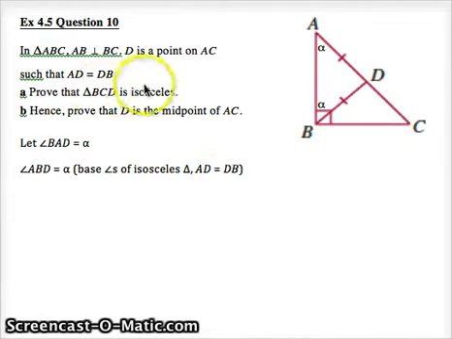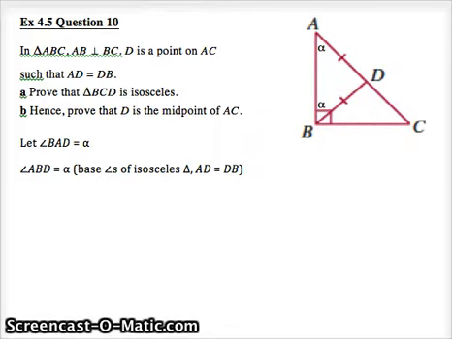Now, because in part A we have to prove that triangle BCD is isosceles, we really need to start working out some of the angle sizes in that triangle. Now, the easiest angle here to work out would be this one where we've got the right angle here. If angle ABD is alpha, then this angle here, angle DBC, would be 90 minus alpha.